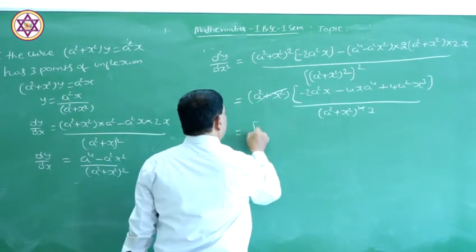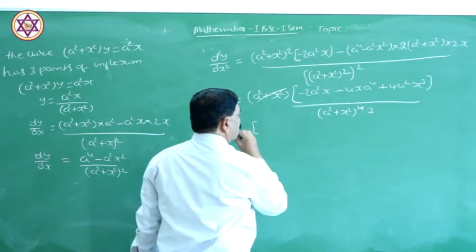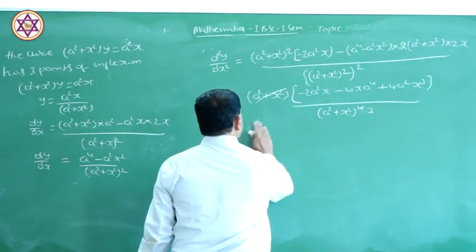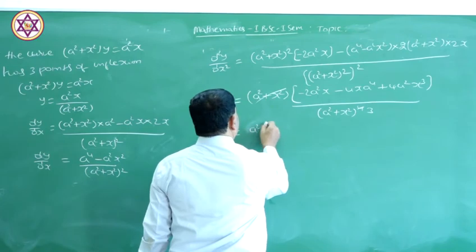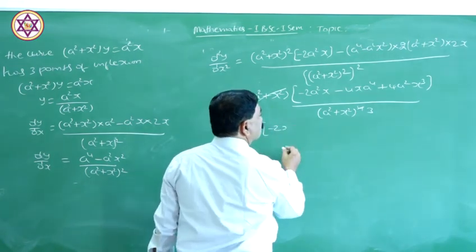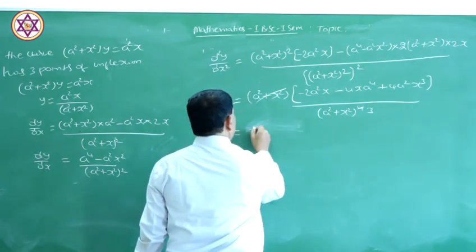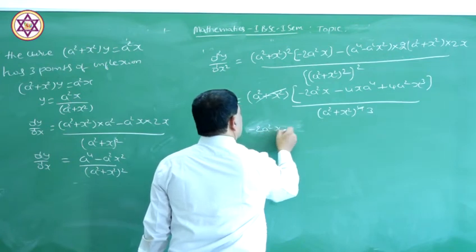So, here simplify this one. In this particular case, if we take a² common, minus 2x, otherwise if we take 2a²x as common.